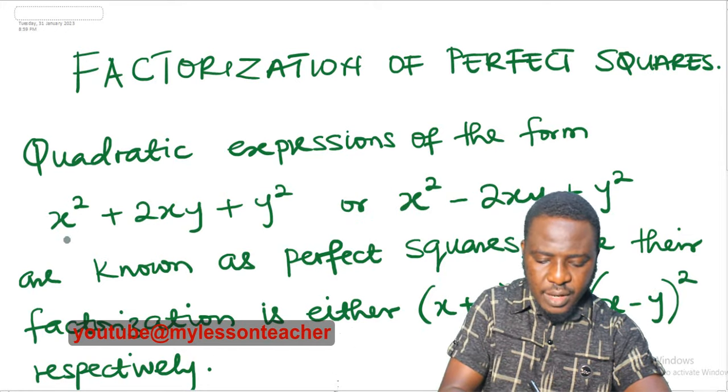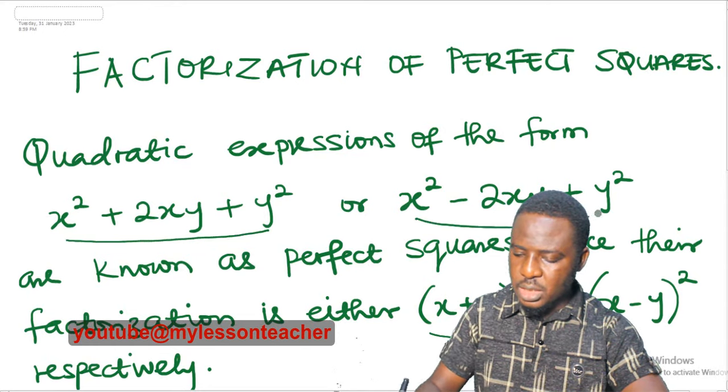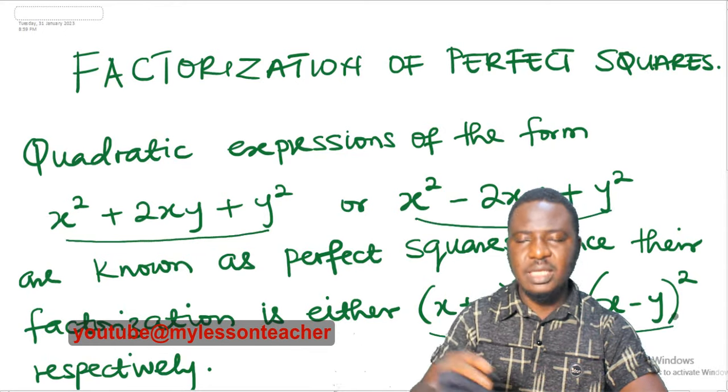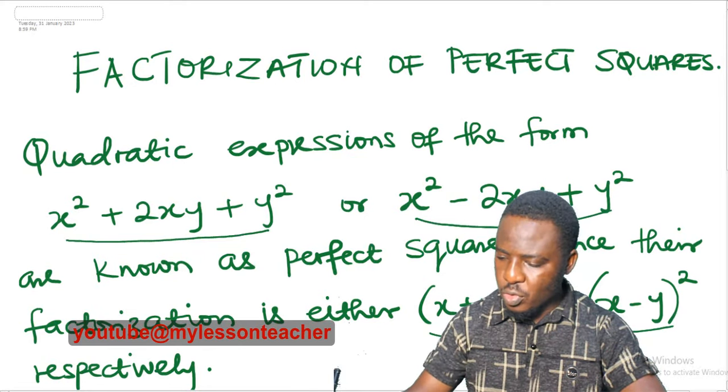That is, if you factorize this, you arrive at this, and if you factorize this, you arrive at this. And I'm going to show you how you can factorize to get each of the two square roots respectively.